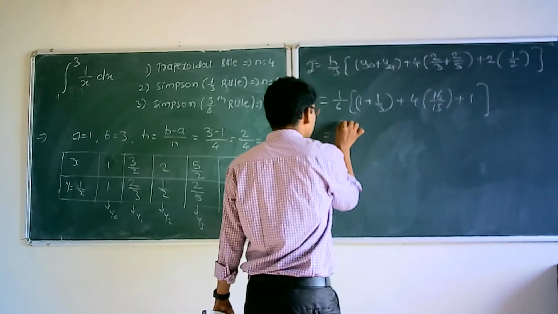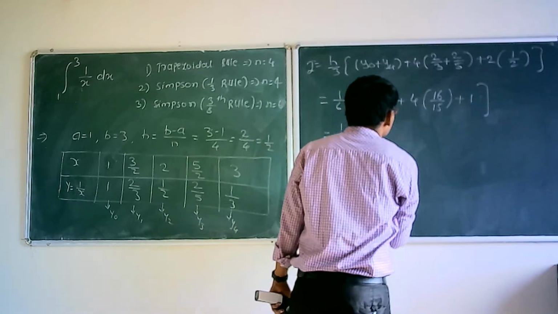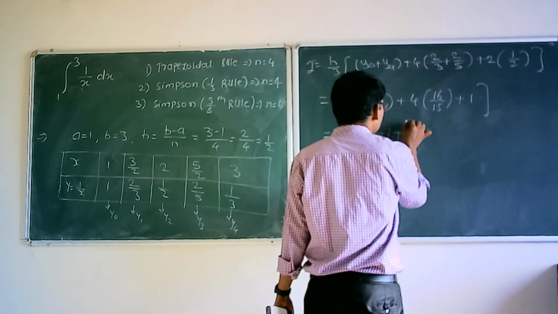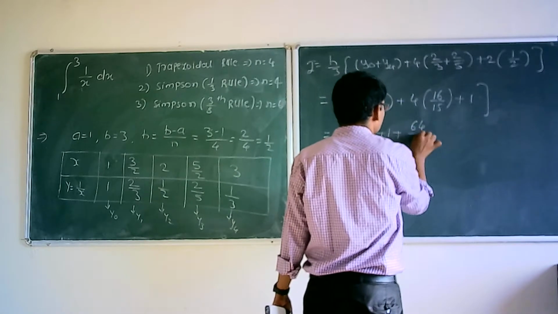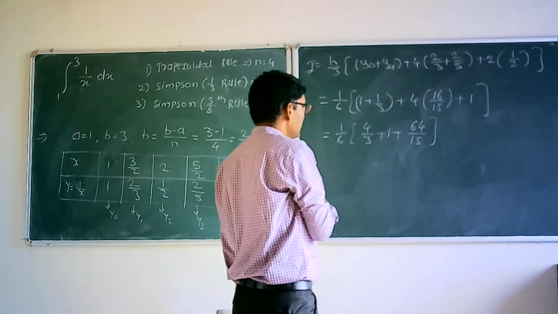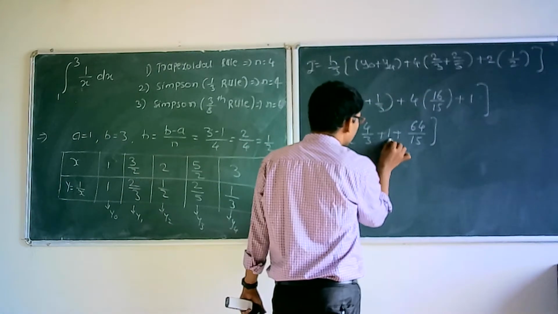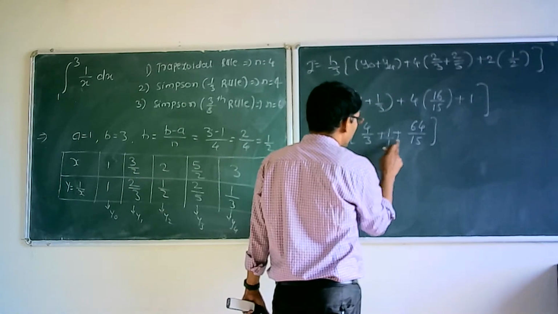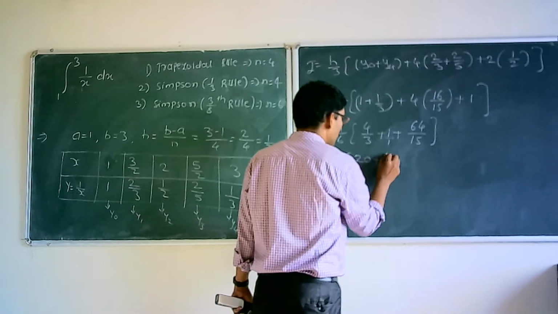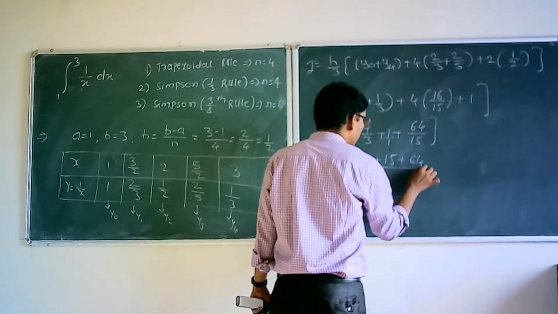Okay, so if you simplify this, it is 1 by 6, 4 by 3 plus this 1 plus 16 times 4, which is 64 divided by 15. Now next if you simplify this, you will get 1 by 6 inside the bracket. What is the LCM? The LCM is 15. So here we multiply by 5 to get 20, here we multiply by 15, and here 64 as it is. This whole divided by 15.